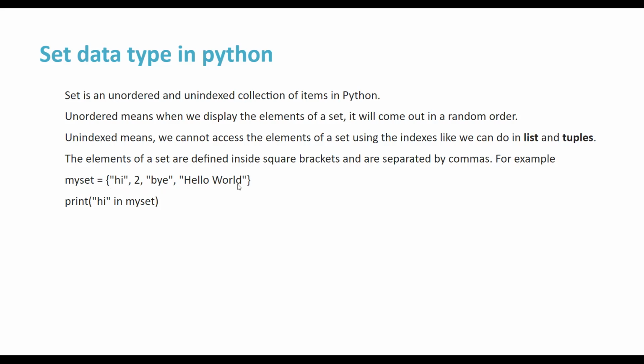If I try to display this particular variable, the values will not appear in the same order. The second element can be in the first position, and the third element can be in the last position. So it can be a bit unordered when we talk about the set data type.